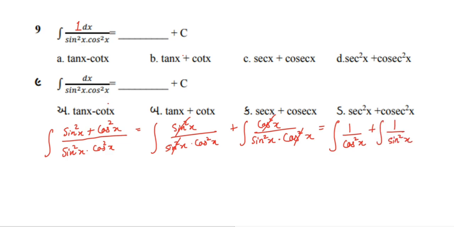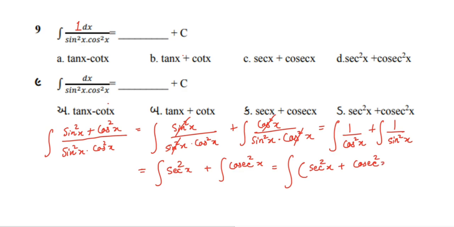You know that 1 upon cos square x is sec square x, plus 1 upon sine square x is cosec square x. So I can write it like this: integration of sec square x plus cosec square x.